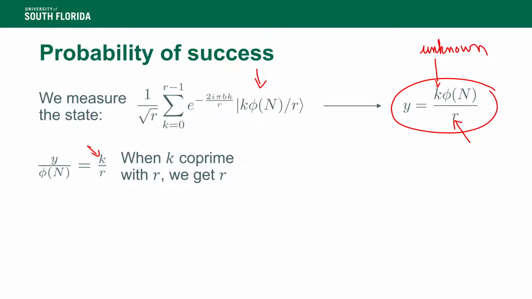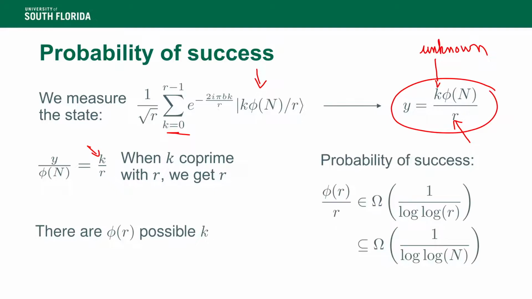So the question is really, what are the odds that we get a k over r where k is coprime with r? Well, we know that there are phi of r possible k's that are coprime with r for k between 0 and r minus 1, which are the terms of the sum.